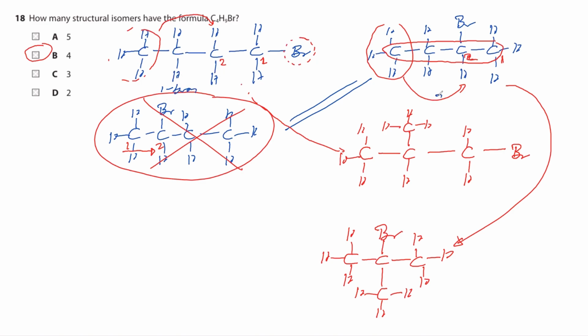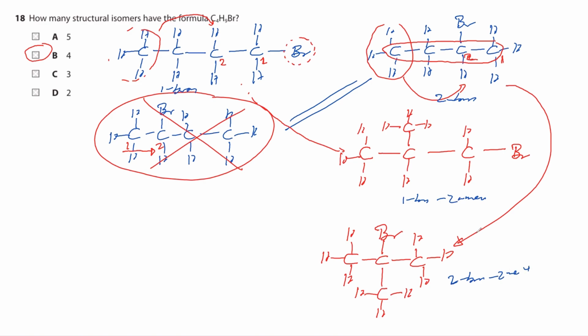This is 2 bromobutane. This is 1 bromo, 2 methyl propane. This is 2 bromo, 2 methyl propane.